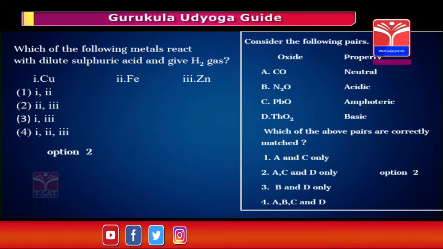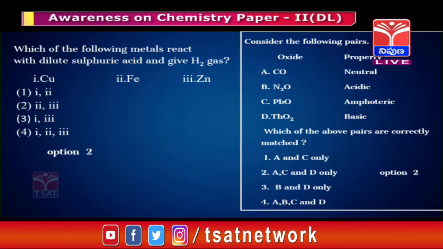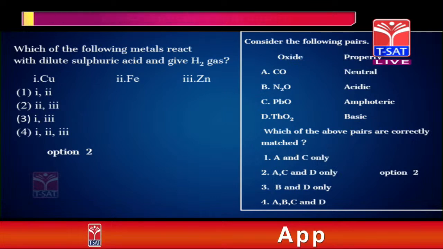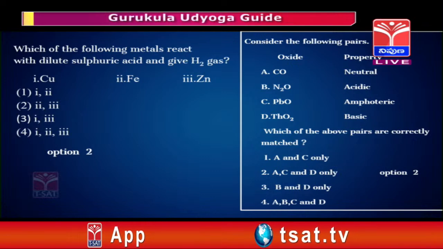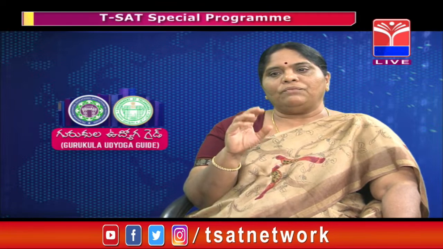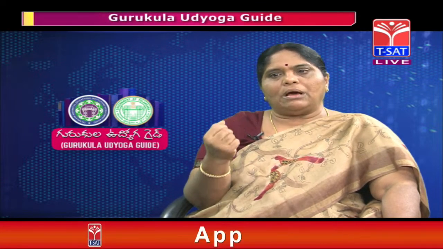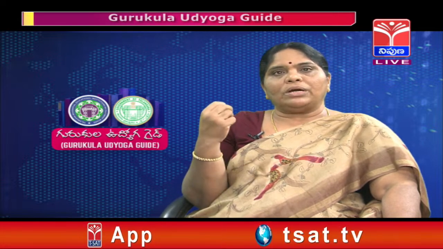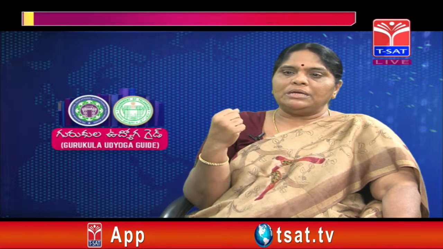And another one: consider the following pairs, oxide and property are given, which of the above pairs are correctly matched? This is one sort of matching type question. It is not exactly match the following, it is another way of match the following, which pairs are correct. Here you must know about the oxides and their properties: what are the neutral oxides, the acidic oxides, the amphoteric oxides, the basic oxides.